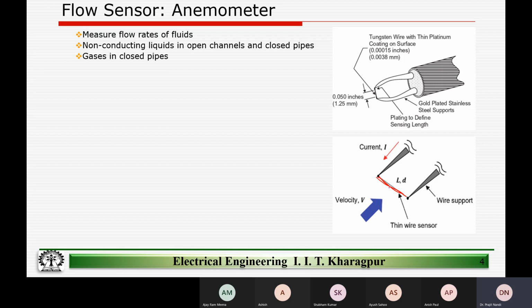And in fact, I will show you some pictures of state-of-the-art sensors, like sensors which are being sold in the market and which have been designed as late as 2020 or 2021, and how they look. I'll show that to you later. But for deriving the equations or understanding the relation, it is important to understand why we are assuming the velocity of the fluid to be normal to the wire.